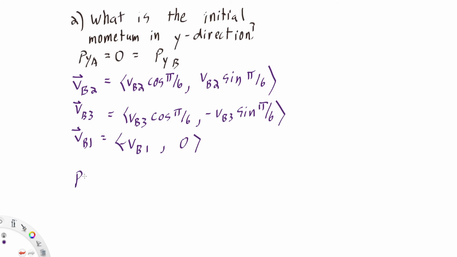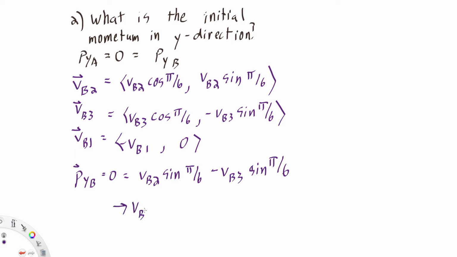Since we already decided that our net momentum in the y direction has got to be 0, that means that VB2 sine pi over 6 minus VB3 sine of pi over 6 have to equal 0. But this can only happen if VB2 is equal to VB3.